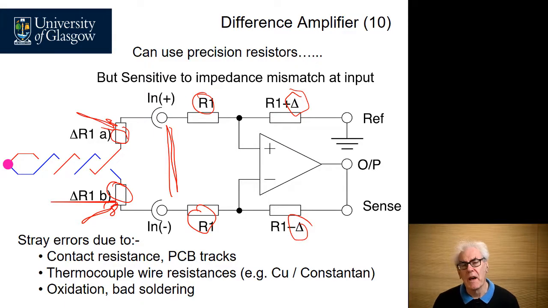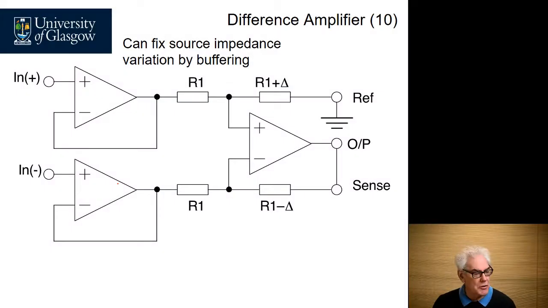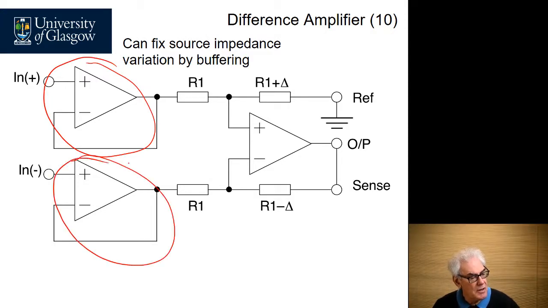How could we improve that? An obvious solution would be to use two buffer amplifiers. These are two op amps connected as ×1 buffers, and they would take away any variation in the resistance, because the input resistance looking in here and looking in here is very high.